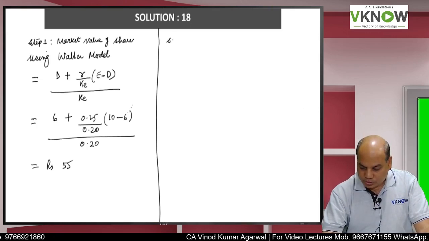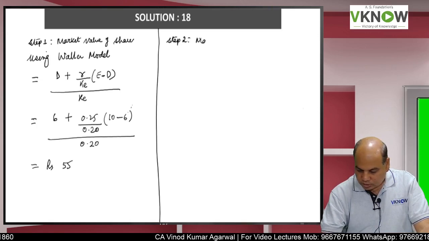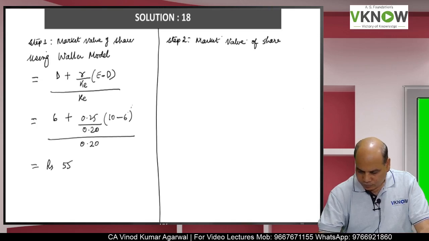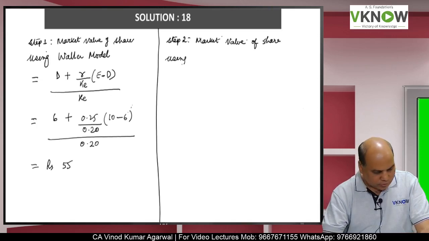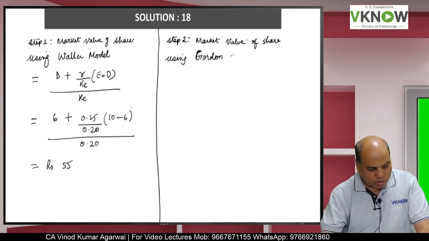Then write down step 2. Market value of share using Gordon model.